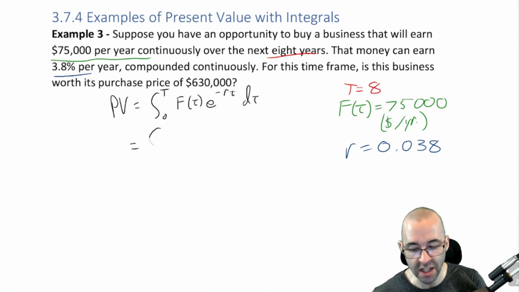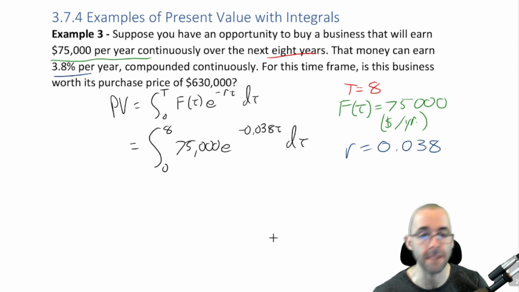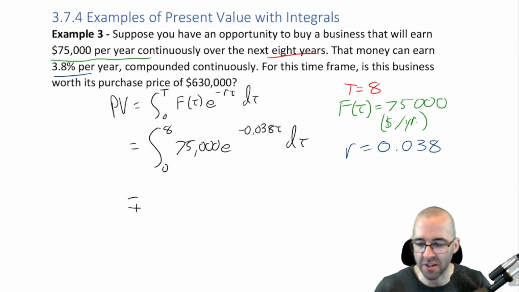Now we can just calculate it. 0 to T, which is 8. F, which is 75K. E to the negative 0.038 T dt. We could solve this with a substitution, do this by hand, but we're just going to use a calculator to simplify the calculations.